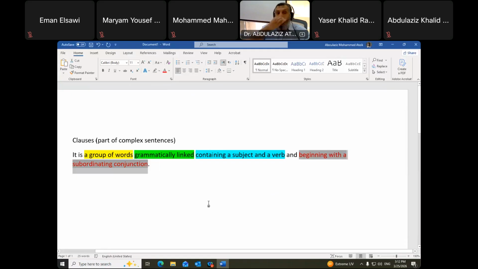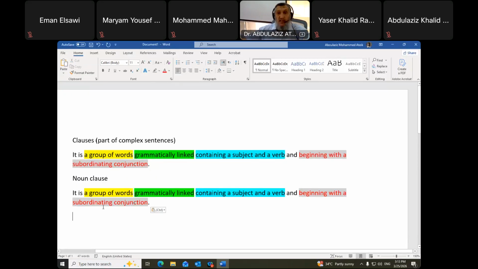Look, if we have a noun clause, we'll take the same definition. Same definition. But the subordinating conjunctions here will be 3. What are they? Number one, question words.